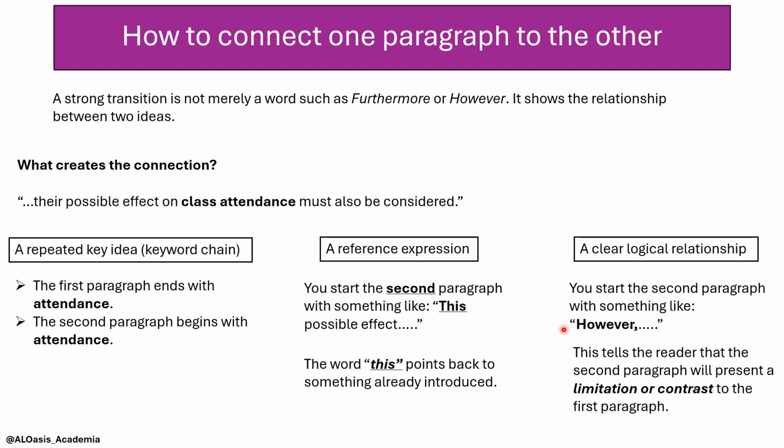If the first paragraph was about the advantages of recorded lectures, and the second paragraph starts with "however", it tells me as a reader that this paragraph is now going to be about the contrast, which is the disadvantages of recorded lectures. That's a clear logical relationship that can be used to connect one paragraph to the other. So these are the three main techniques. Now let's have a look at real examples to understand them more.